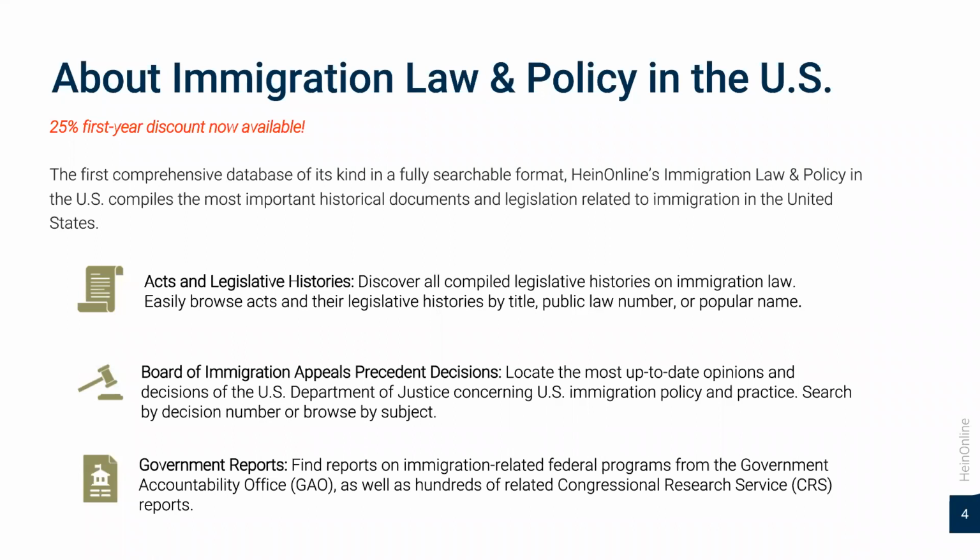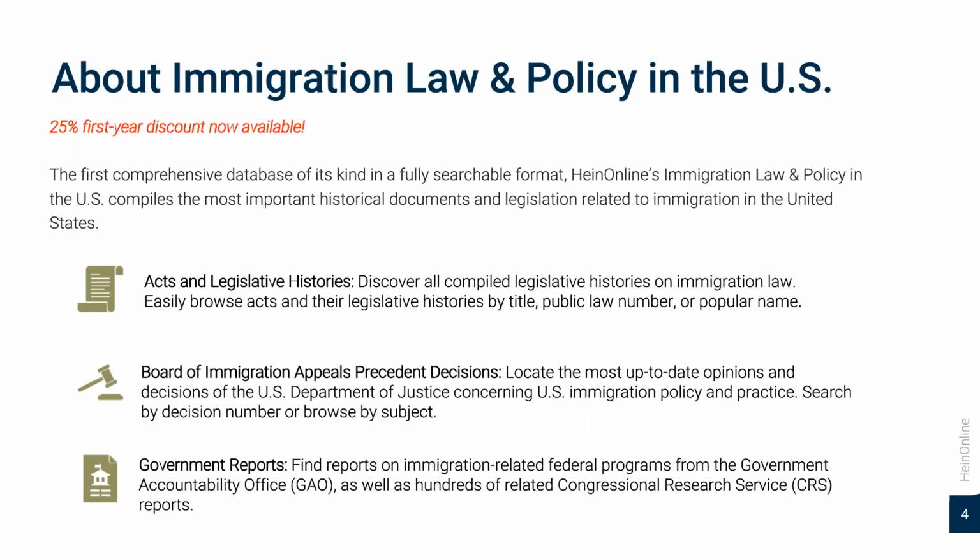The Board of Immigration Appeals precedent decisions, this is a working index to the administrative decisions under the immigration and nationality laws. It contains decisions which have been designated as precedent in the United States.